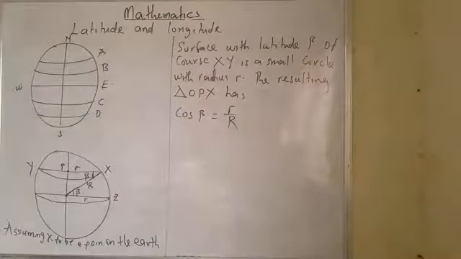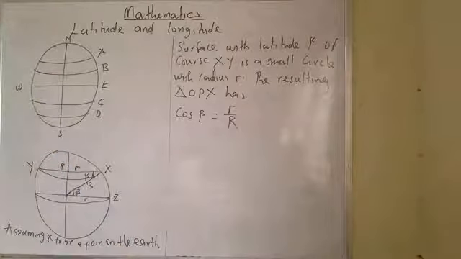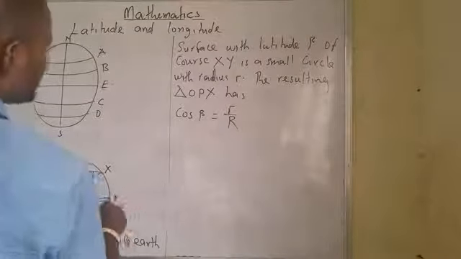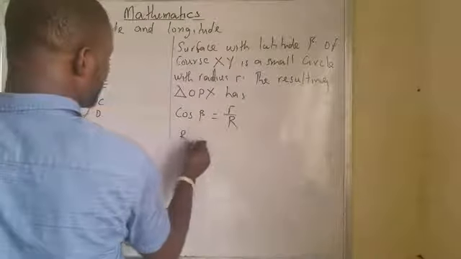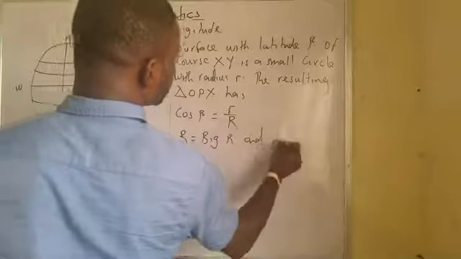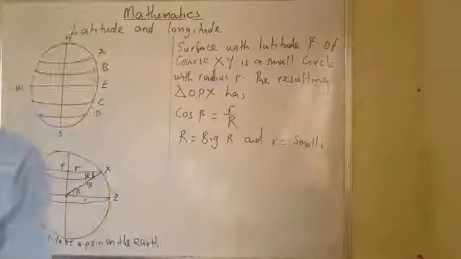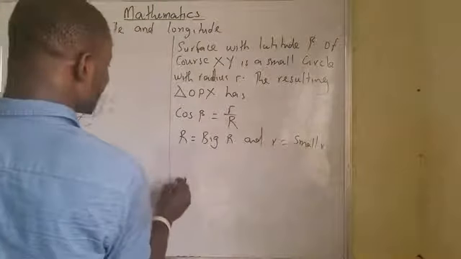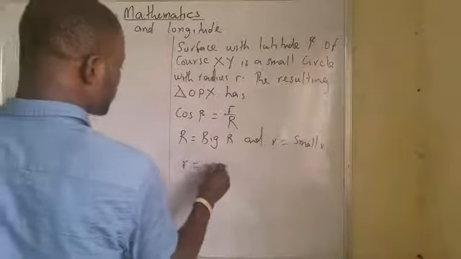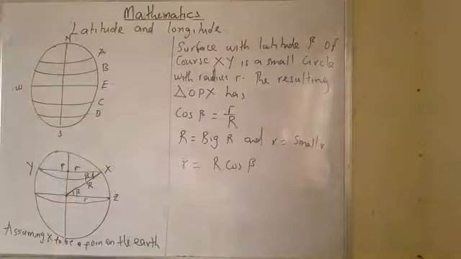Now, I've told you earlier that our big R is the radius of the Earth, which has a constant value attached to it, 6,400 kilometers. This is my big R, and this is my small r. Take note of that. With what I've said, my small r equals big R cos beta.